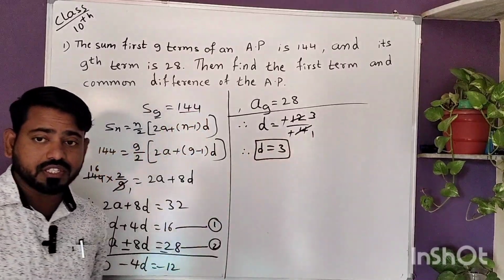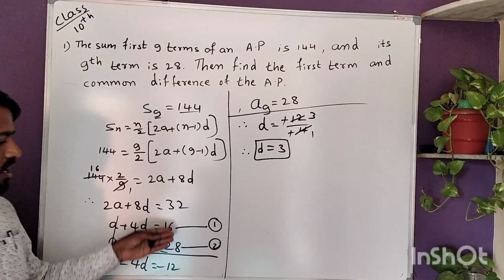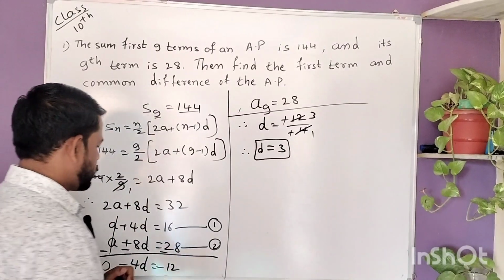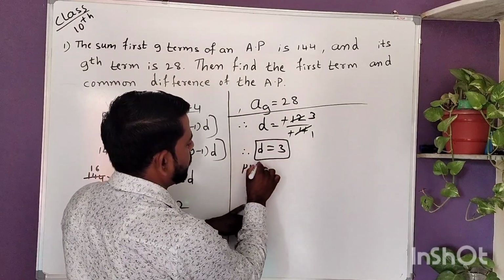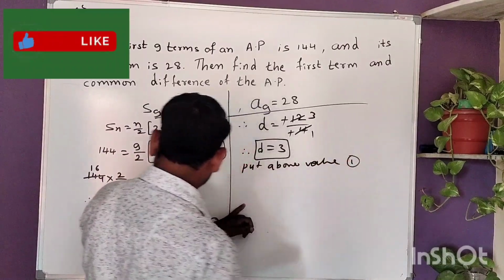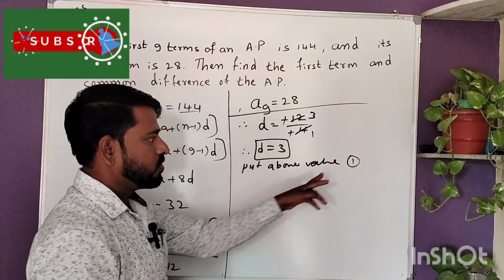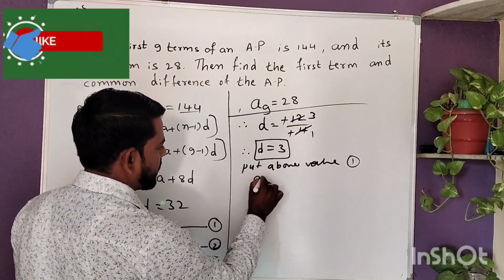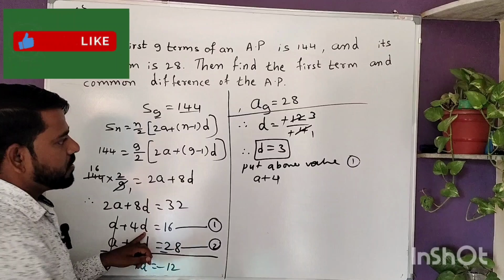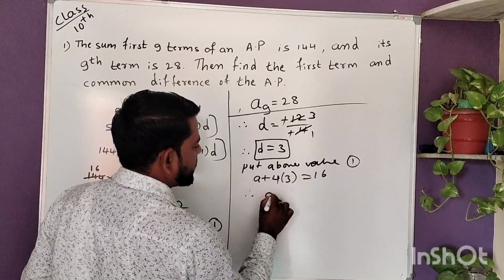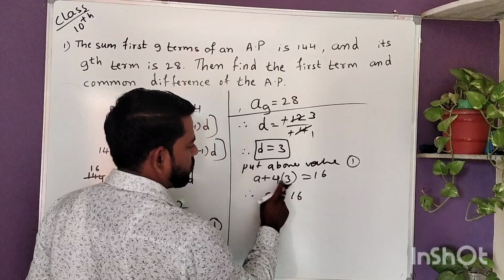Now you substitute this d value 3 in any one of the equations, you get the first term a. So put the above value in 1. So here a plus 4, d value is 3, is equal to 16. 4 threes are 12.